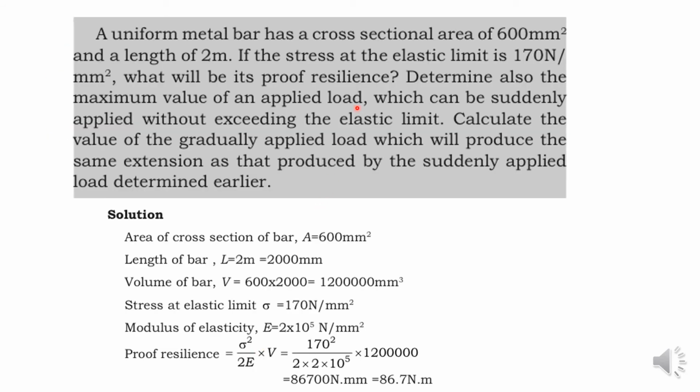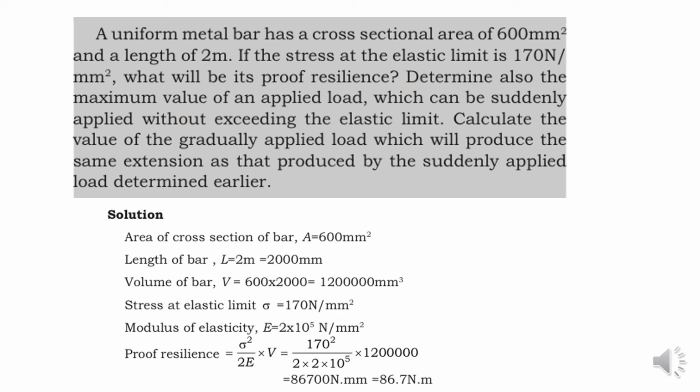Now another problem. A uniform metal bar has a cross-sectional area of 600 mm square and a length of 2 meter. If the stress at the elastic limit is 170 Newton per mm square, what will be its proof resilience? Proof resilience is nothing but the total strain energy stored in the bar. Determine also the maximum value of an applied load which can be suddenly applied without exceeding the elastic limit.